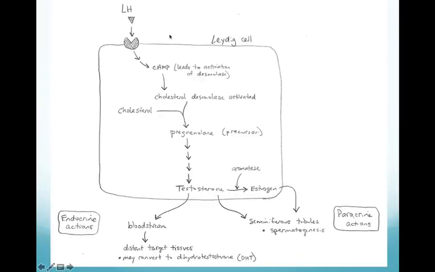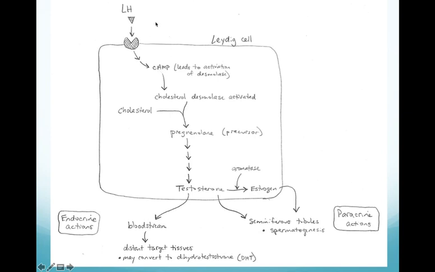Let's focus on the Leydig cell for just a minute, and then we'll combine how that Leydig cell is interacting with the Sertoli cells to sort of promote spermatogenesis. So our Leydig cell is responsive to LH, luteinizing hormone, again, named for its action in females. But it is the hormone that stimulates Leydig cells through cyclic AMP, right?